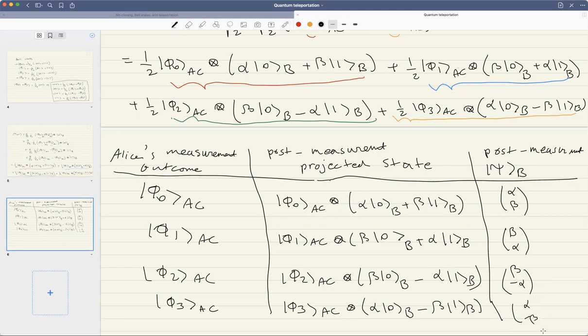So something quite mysterious has happened, right? Initially, Alice and Bob shared this entangled state for qubits A and B, and then Alice had some other qubit C in some state. And the only thing she did was perform a measurement on the 2 qubits she has access to. But one of those qubits was initially entangled with qubit B that Bob has access to.